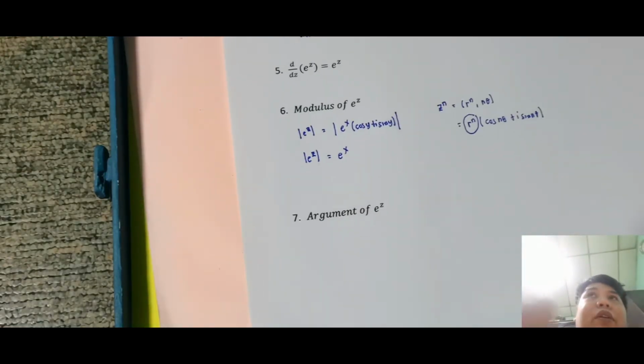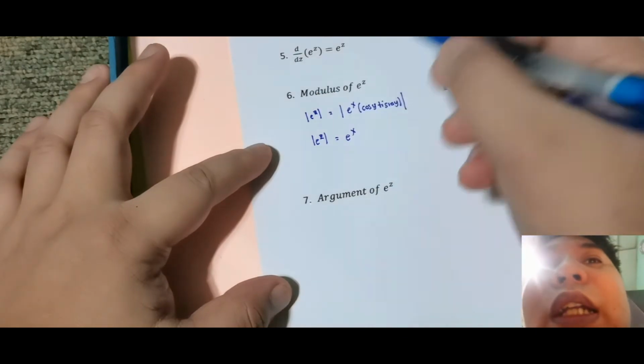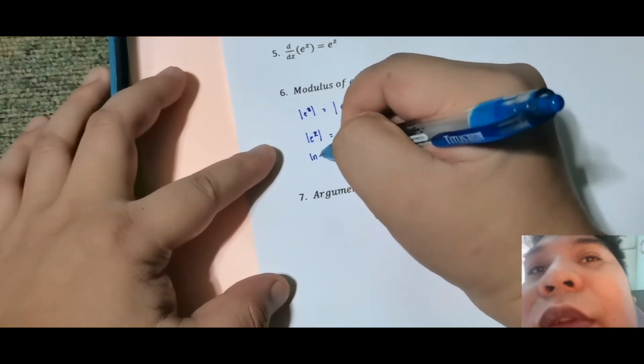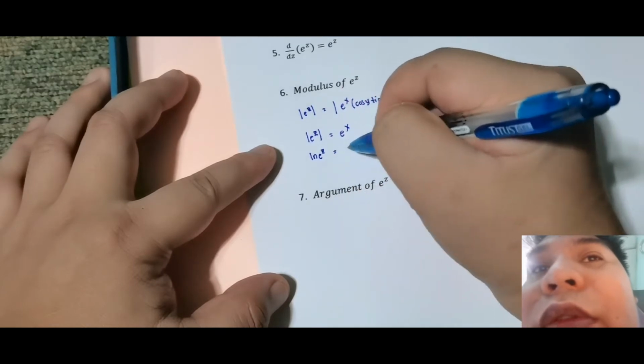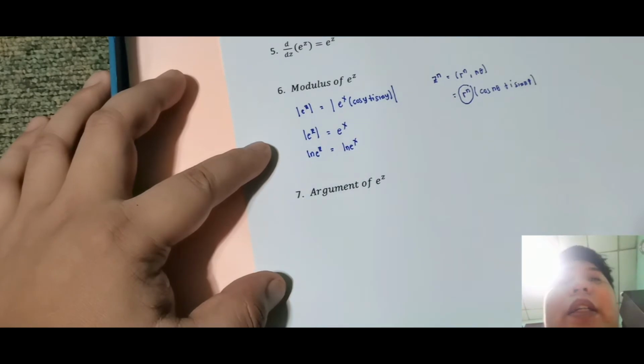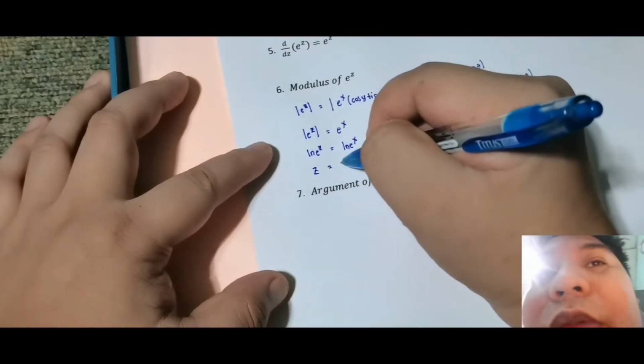Ngayon, tanggalin ko lang yung modulus, kunyari kinuha ko yung ln. So, ln of e raised to z is equal to ln of e raised to x.